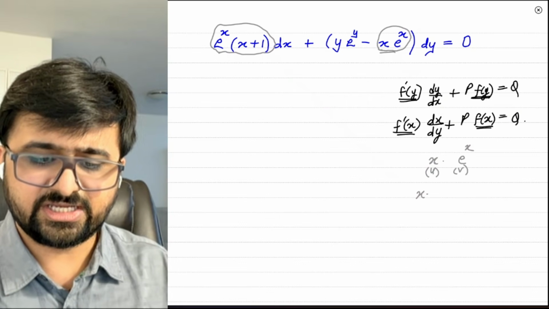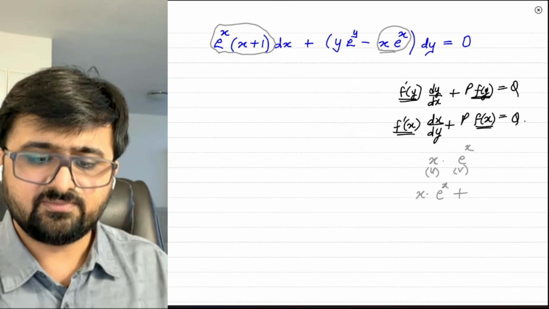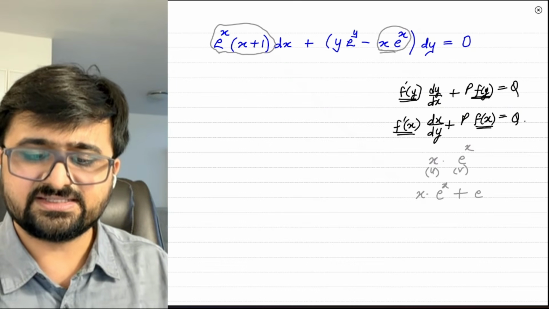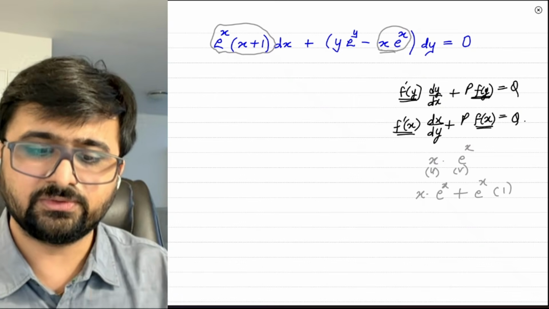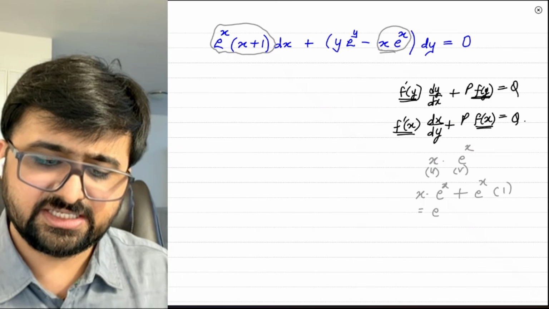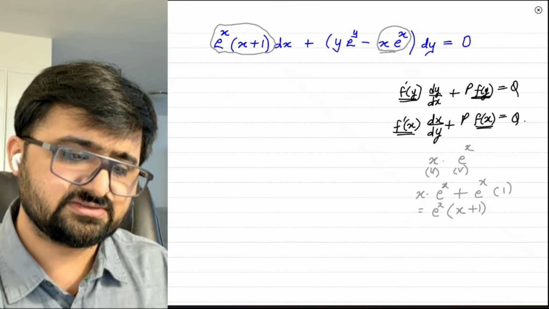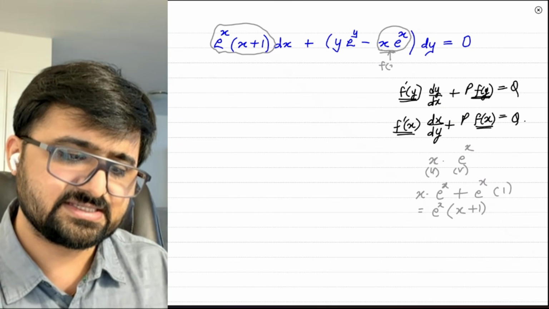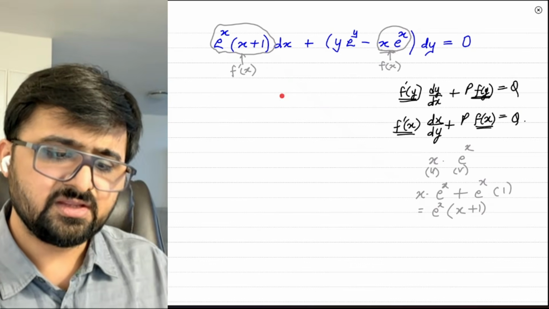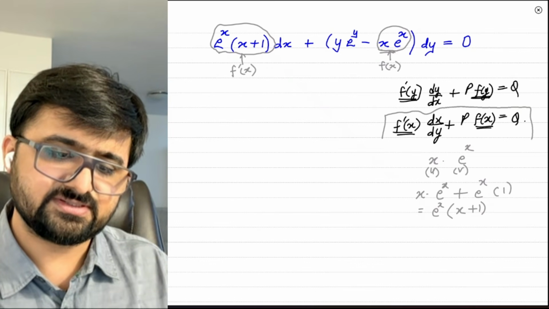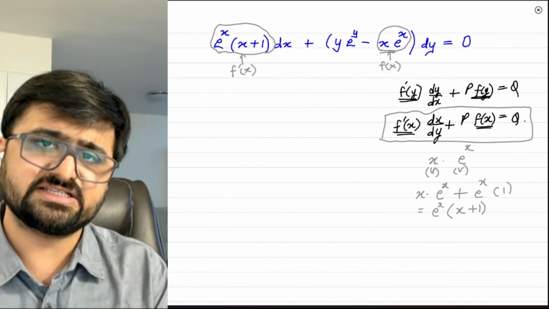So u, derivative of v: x into derivative of e raised to x, which is e raised to x, plus v as it is, e raised to x, times derivative of x, which is 1. This is just like the product rule or UV rule of derivative. So you get e to the x common, x plus 1. So if this is your f x, this is your f dash of x. So somewhere it is of this type because you have f x present and f dash of x present. It's a very good question.